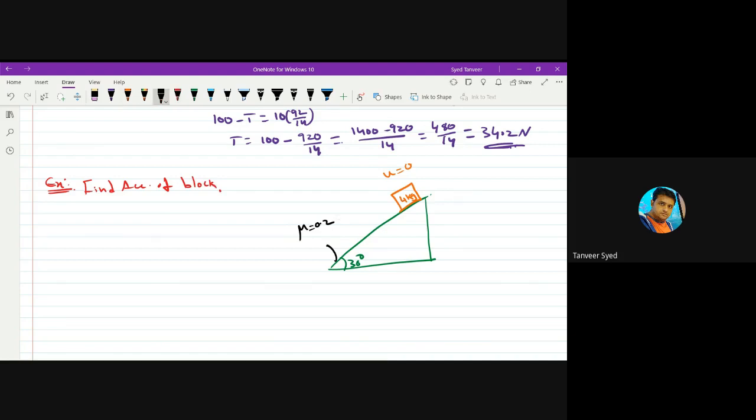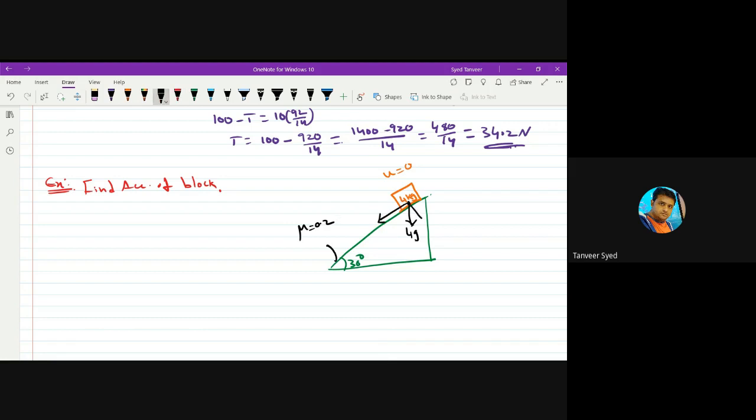Right. What happens here? See. What are the different forces acting on the 4 kg block? Its weight 4g is acting vertically downward. To understand the motion of this block, we should take components of this weight. One component will be along the incline.